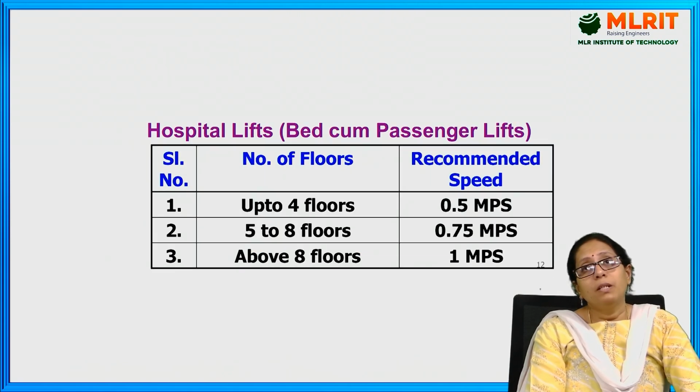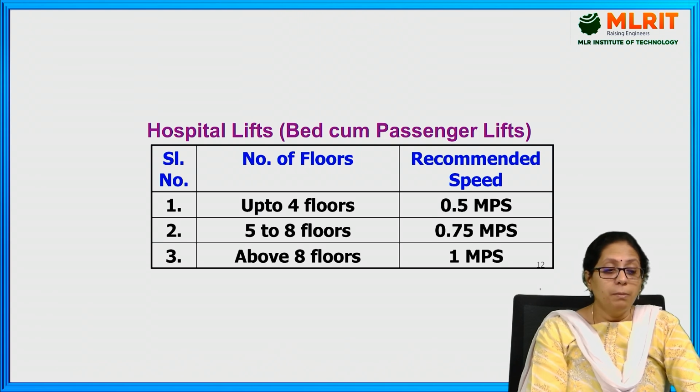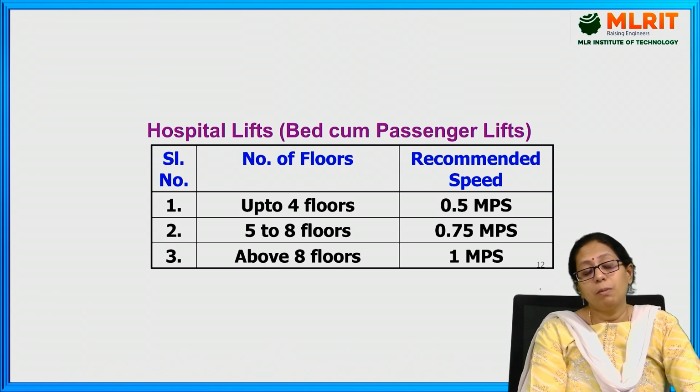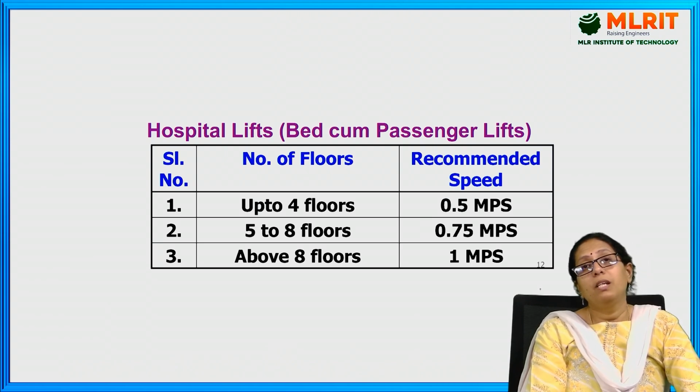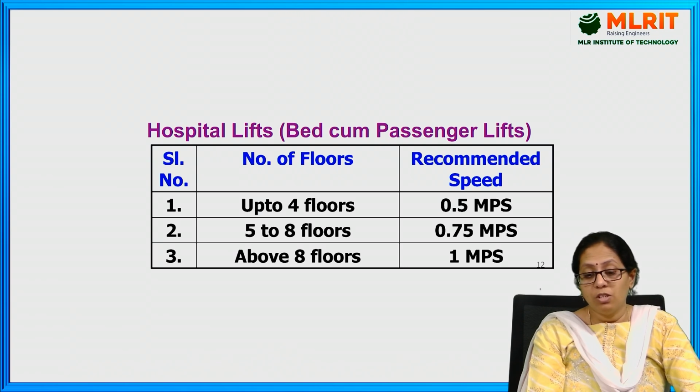For hospital lifts, as I said, lifts can be used at different places in residential as well as commercial spaces. In the case of hospital lifts, elevators are used to carry beds as well as patients.